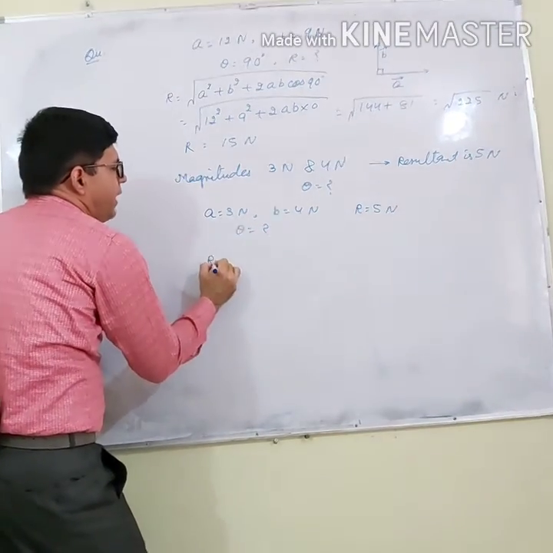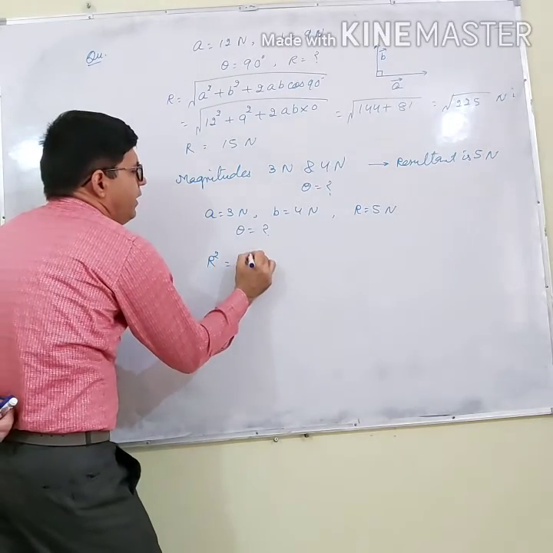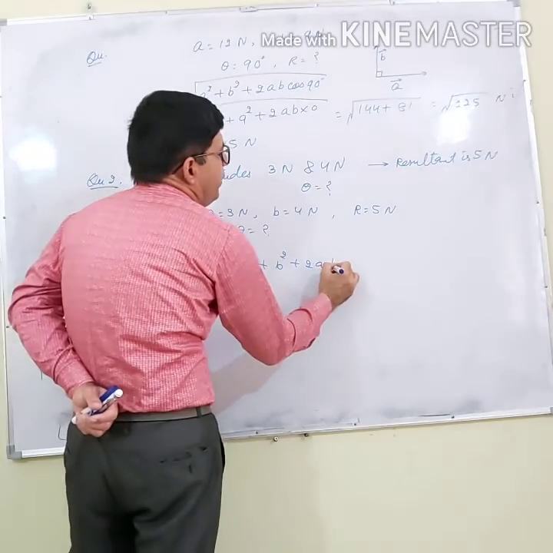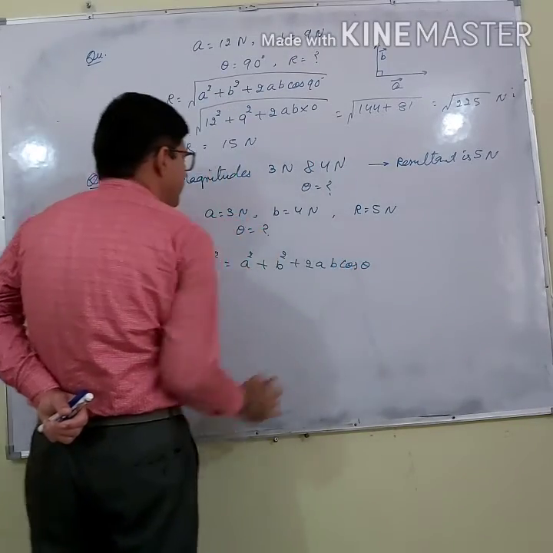I know that R square equals A square plus B square plus 2AB cos theta.